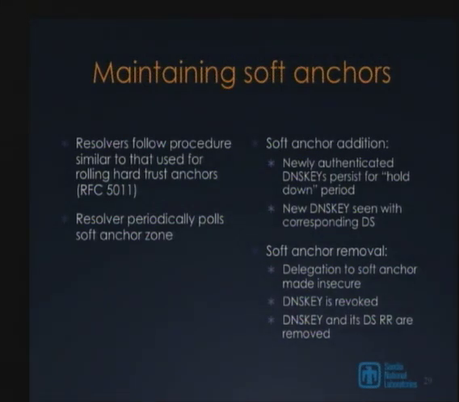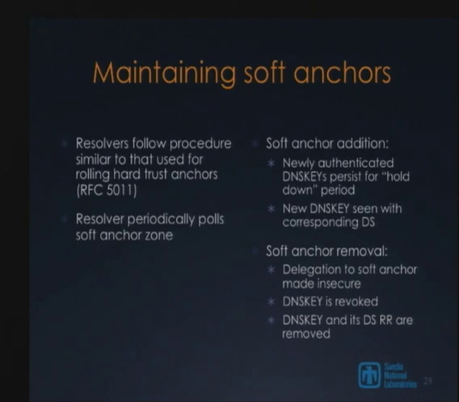Okay, so the way the soft anchoring works is basically it's very similar to RFC 5011, which is used for maintaining trust anchors. Your resolver is going out to your zones periodically and just re-authenticating those DNS keys that you have reserved as soft anchors in your repository, to re-authenticate the chain of trust for those DNS keys.